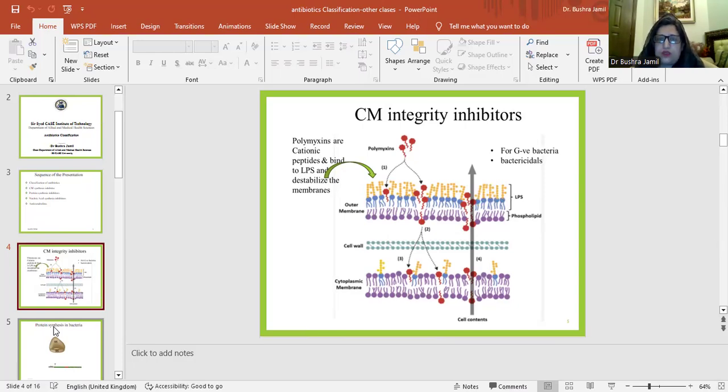Because its primary target is LPS, definitely all the polymyxins target only gram-negative bacteria, and they are bactericidal in nature. I mean, they kill the bacteria. So that's all about polymyxin or cell membrane integrity inhibitors. So you see, they cause destabilization of cell membrane because of opposite charges interaction.